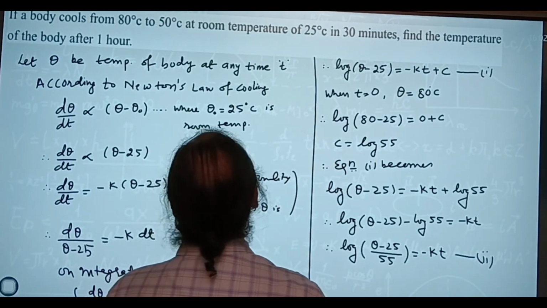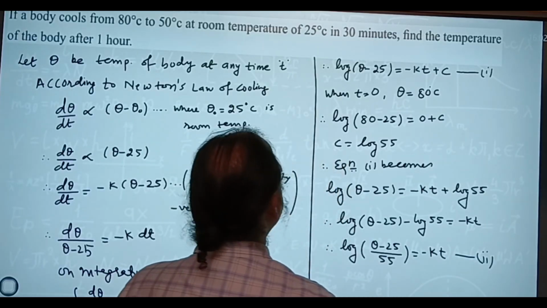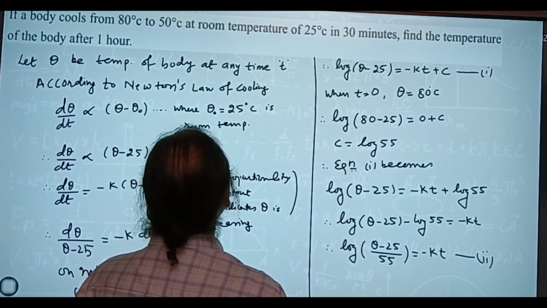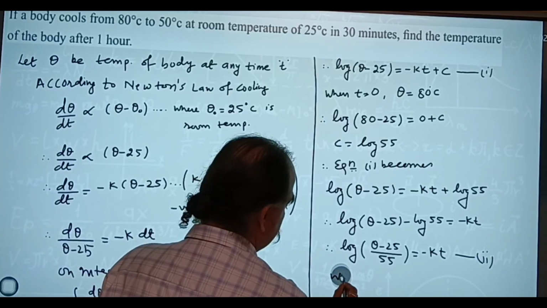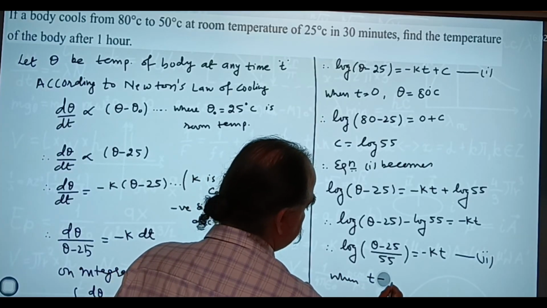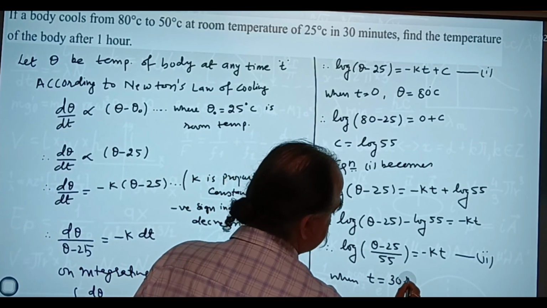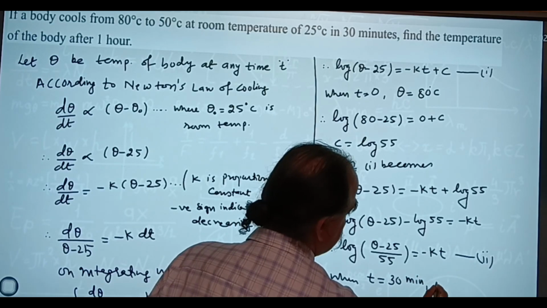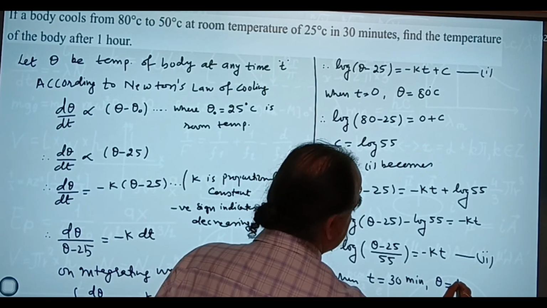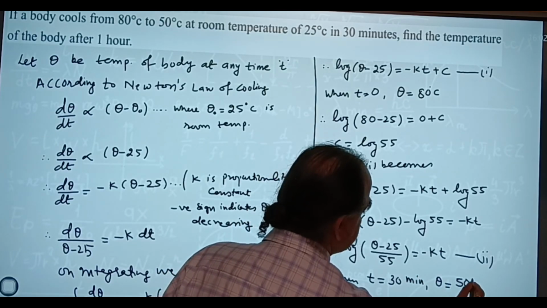Now it takes 30 minutes to become 50 degree. When t is 30 minutes, theta is what? 50 degrees Celsius.